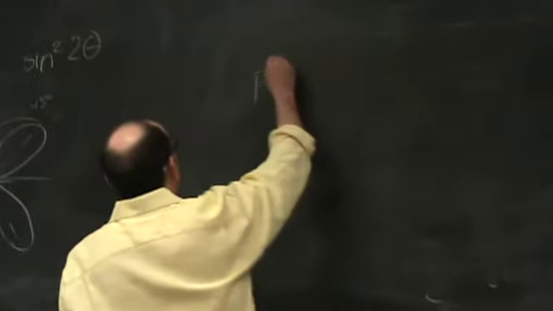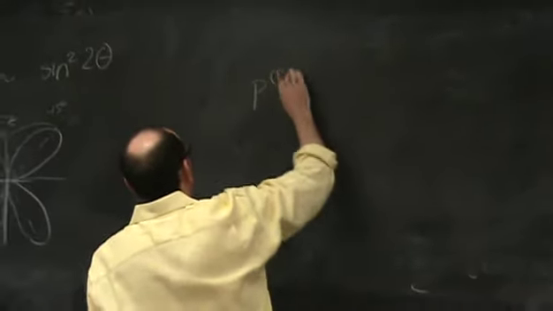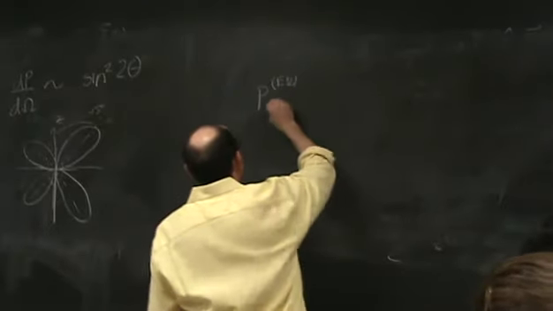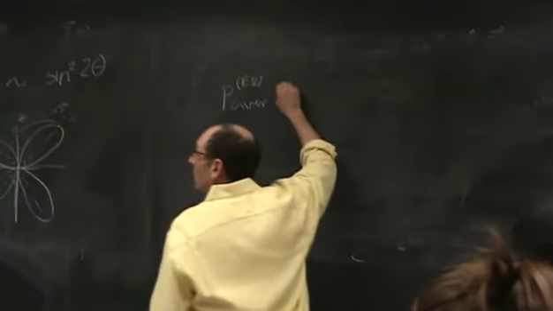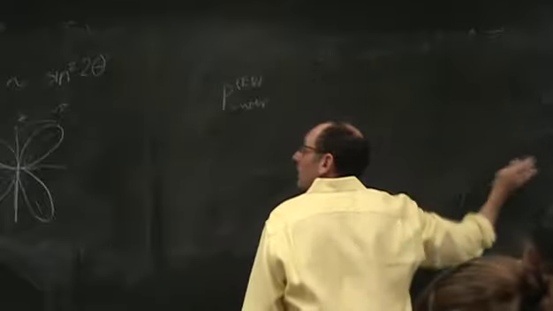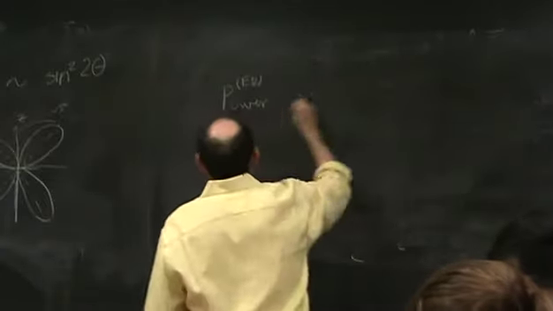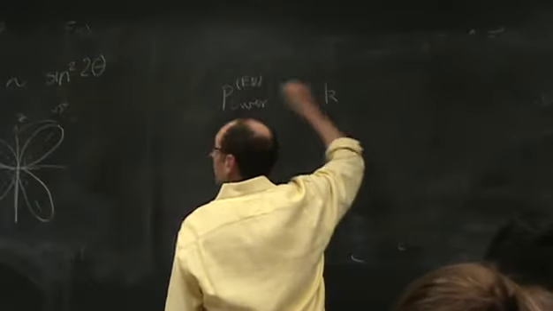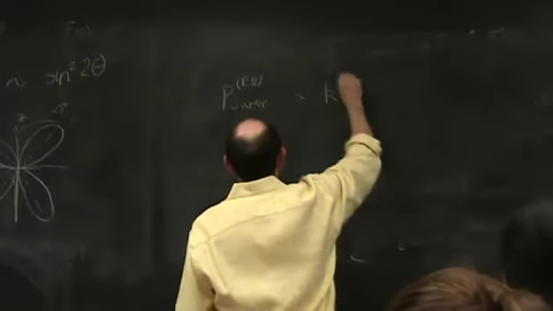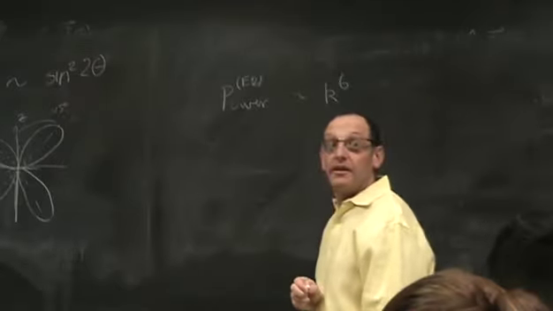Well, the power radiated in electric quadrupole goes like, we have there k to the 6th, right?